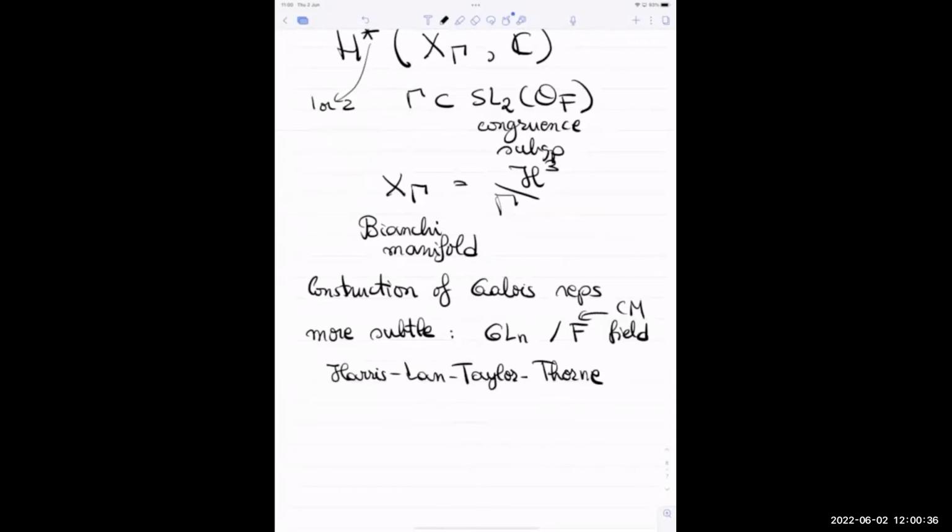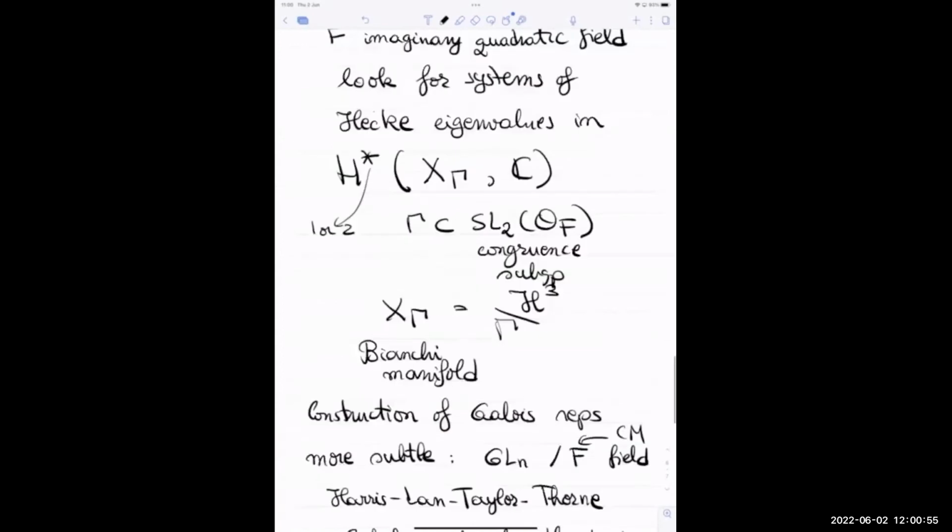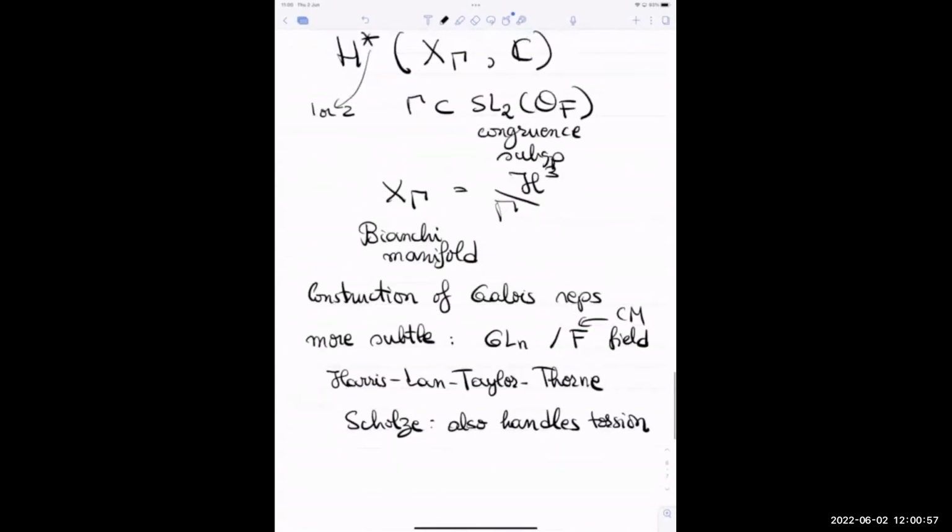And Scholze actually also handles torsion in the cohomology of the locally symmetric spaces that you see for GL_n over a CM field. And so this is an important difference from the real quadratic case.